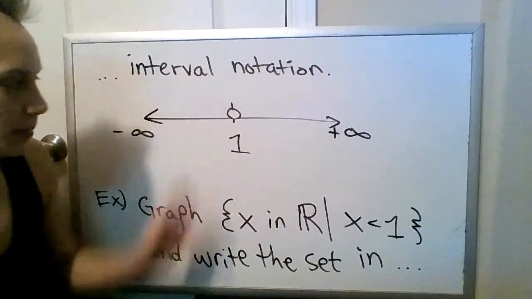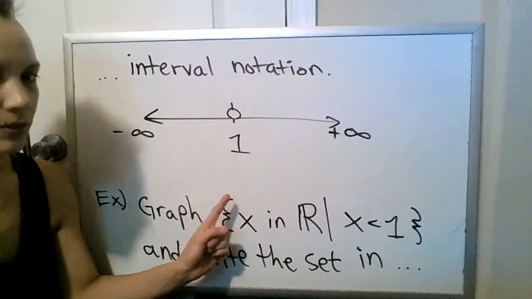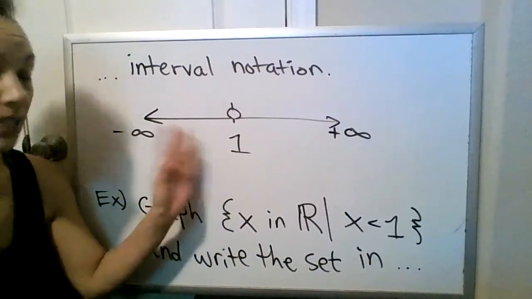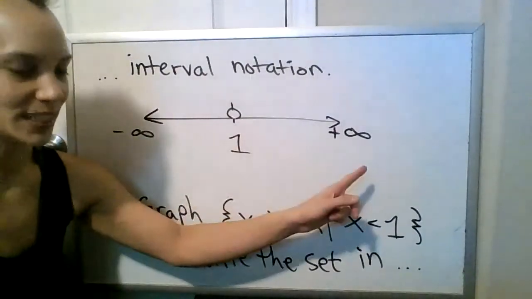And we've split up the number line into 2 test intervals. One that goes from negative infinity to 1. The other goes from 1 over to infinity.